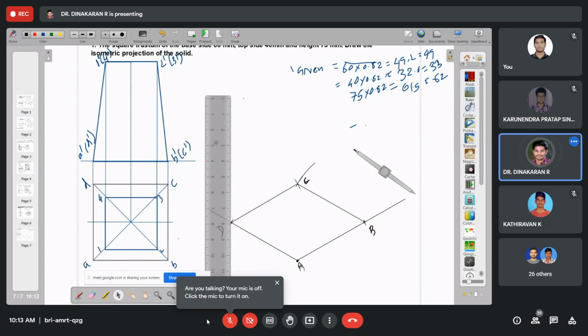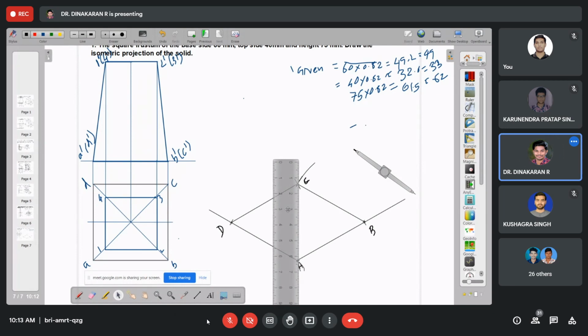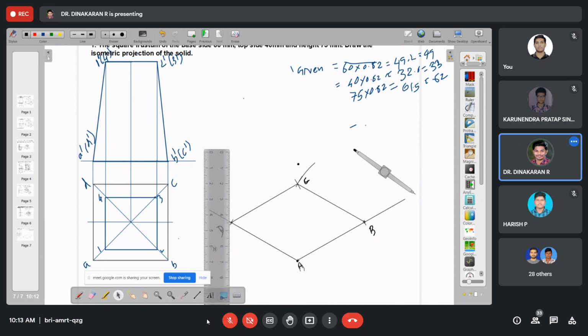From each point, from A, place a scale on A and mark a point at 62. Okay. What is the point here? Don't mark the point for now.